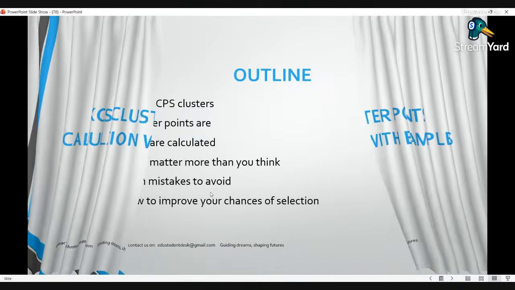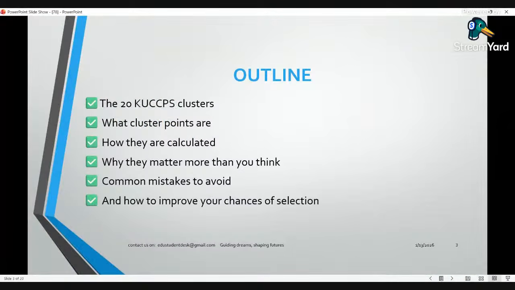These are the major topics that I'm going to take you through today. First, we begin with understanding what cluster points are and the 20 different clusters. Second, we will look at how cluster points are calculated. Understanding this will help you know exactly where you stand. Third, we discuss why cluster points matter more than you think. That's why this knowledge is key in understanding it well.